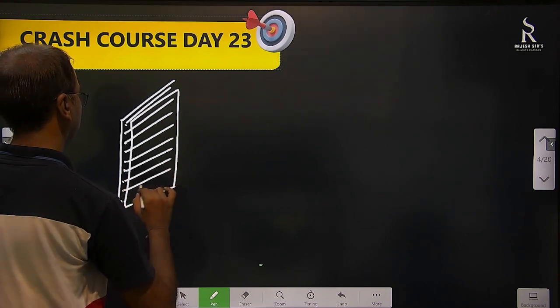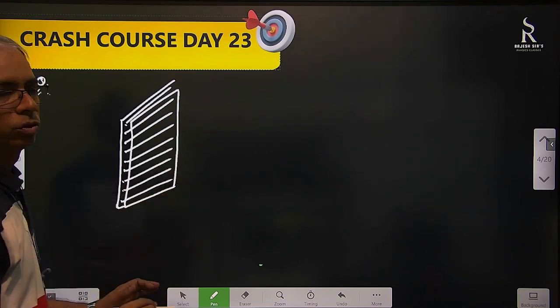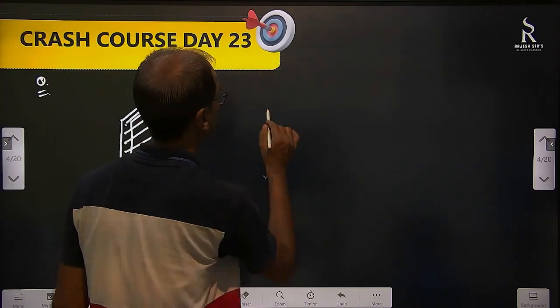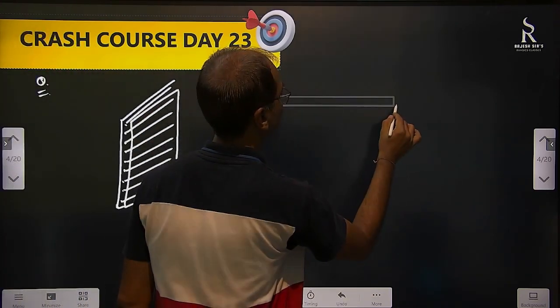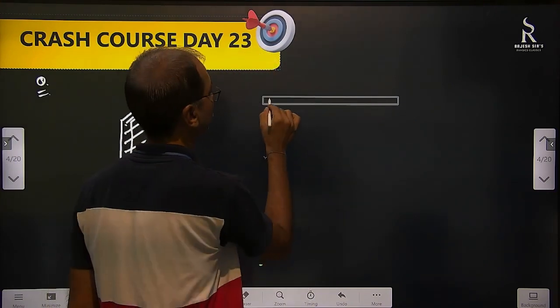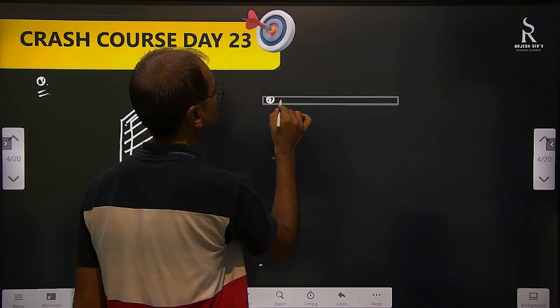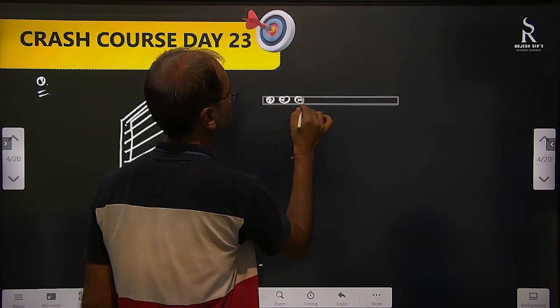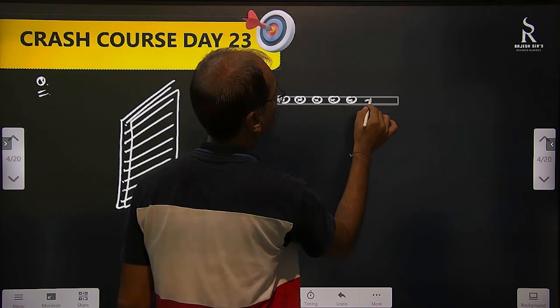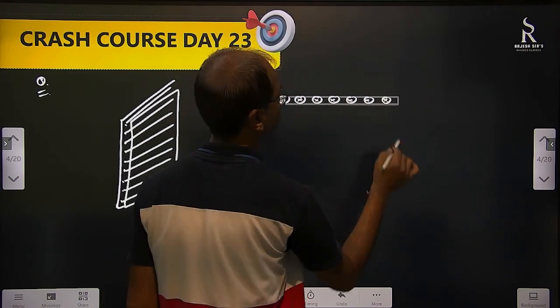Now if I show you the same thing in a different way, suppose the sheet is shown to you like this. In this one, these are wires which are carrying the current.